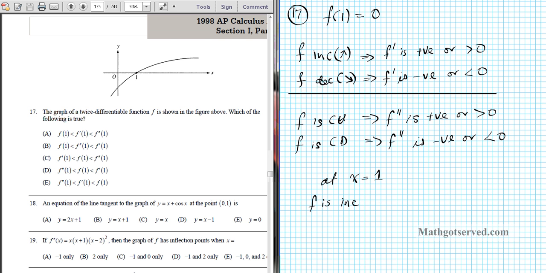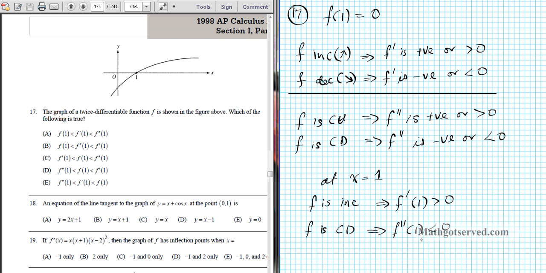So if f is increasing, then we know that f prime of 1 has to be greater than 0. Okay? And then what do we know about the concavity? At x equals 1, see how it's curving downwards? The concavity is facing downwards, so f is concave down. Since it's concave down, look at the word down means negative. That means f double prime at 1 is going to be less than 0.